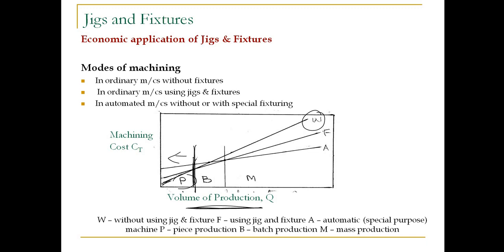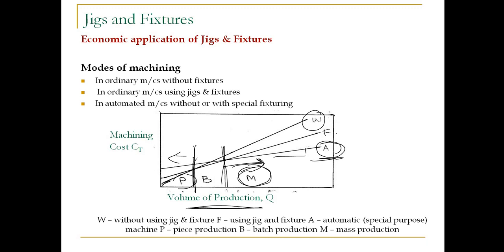Now if the volume of production is higher than this line, that means mass production, then you can go for automated machines with or without special fixturing. That will be ultimately feasible, as the cost in this case is lowest compared to F and W.